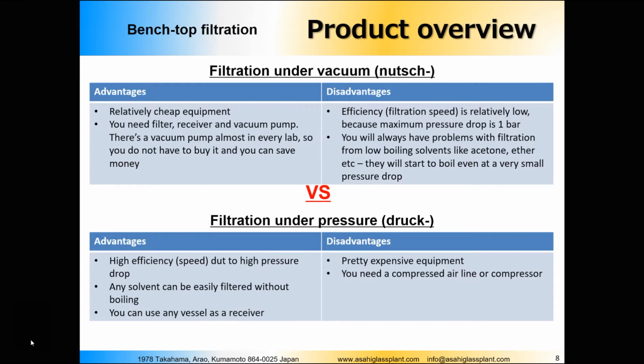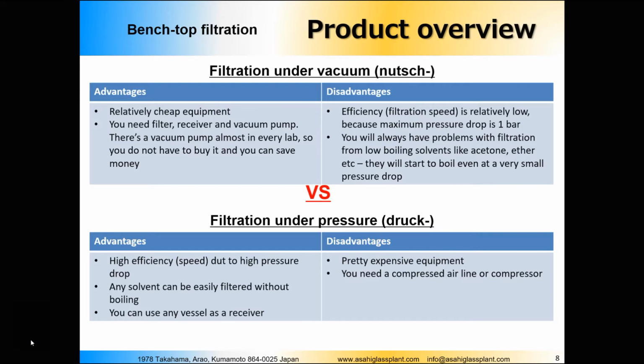Any solvent can be easily filtered without boiling because you are filtering under pressure, which means that there is no vacuum, and so every solvent that is not boiling at room temperature can be easily filtered without boiling. And last but not least, you can use any vessel as a receiver.